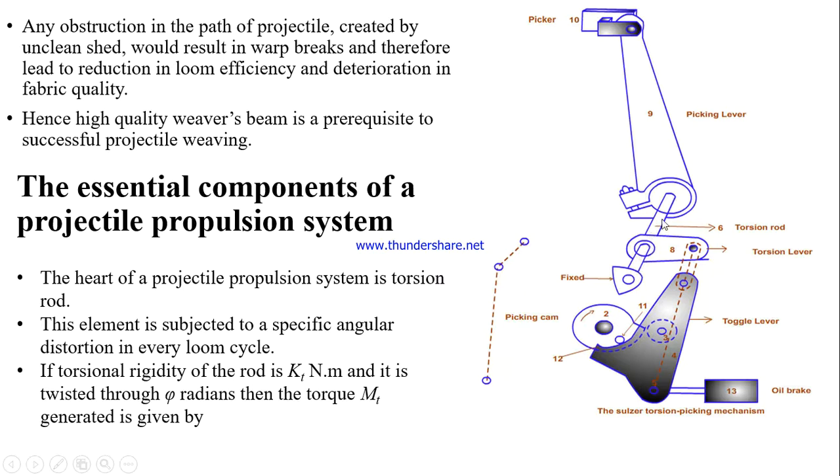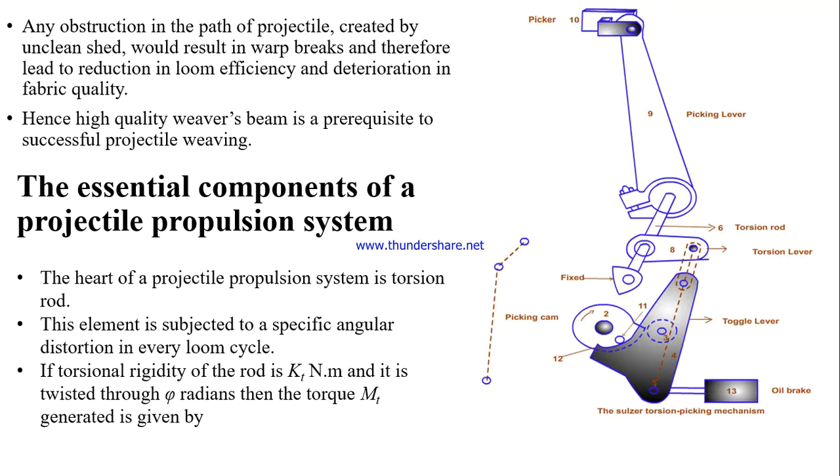This is a metallic rod, and a typical metallic composition is used for preparing this rod. This element is subjected to a specific angular distortion in every loom cycle. In every loom cycle, this rod is given a specific angular distortion, a torsion.